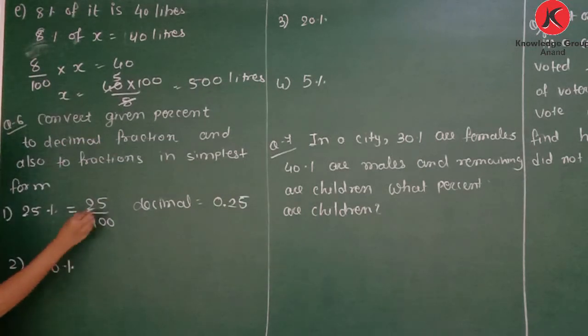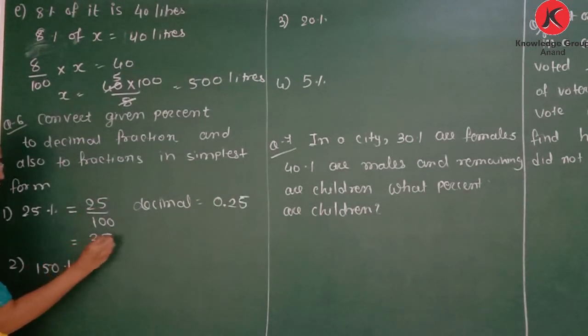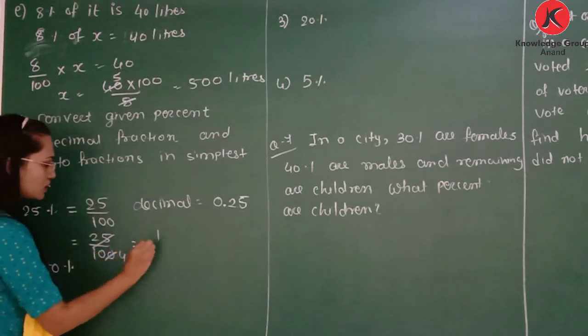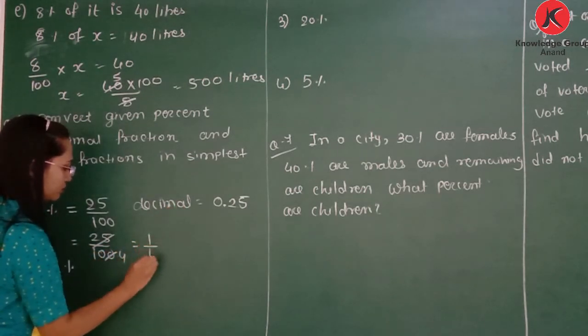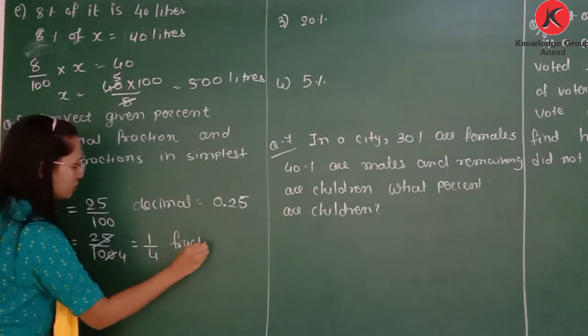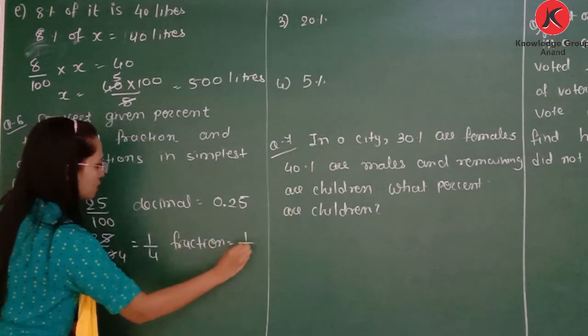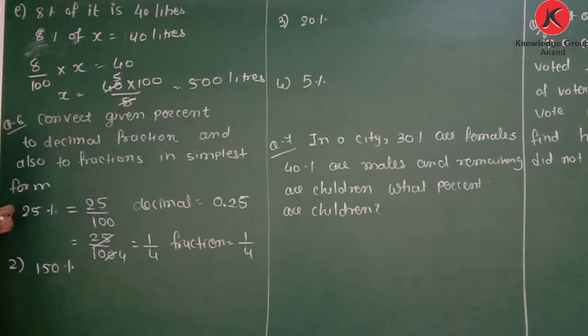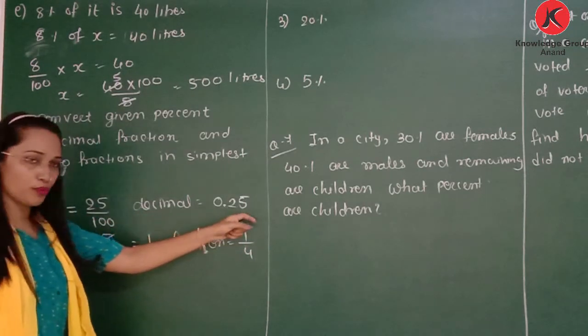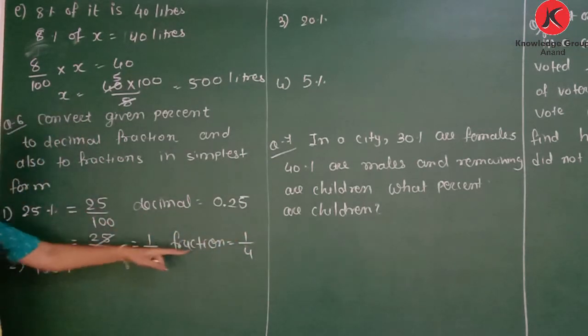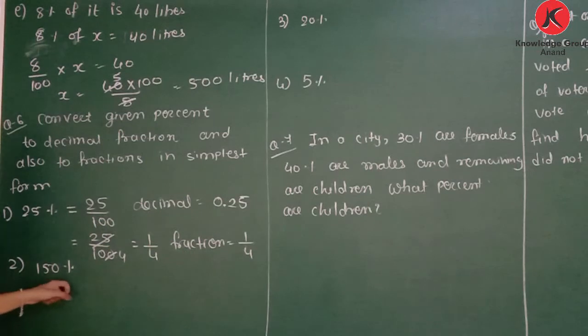Now for a fraction we have 25 by 100. We can cancel, 25 fours are 100, so it is 1 by 4. So as a fraction it represents 1 by 4. So 25% as a decimal is 0.25 and as a fraction it is 1 by 4.